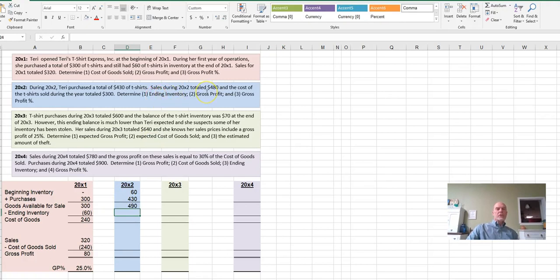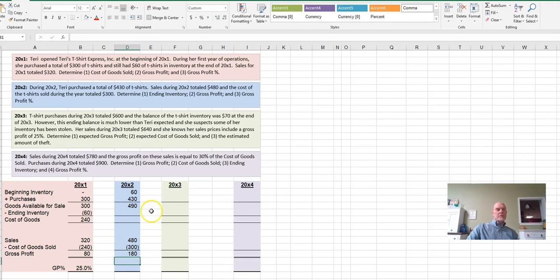Sales during 20x2 is 480. Okay, so we'll come down here. 480 is our sales. And the cost of t-shirts sold is 300. So on the income statement, we would take 480 minus 300, and that gives us a gross profit of 180.